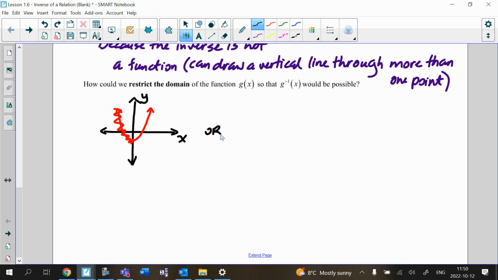There's more than one answer. Or I could cut out a whole bunch of stuff and just leave a little sliver left. There's infinite answers, but these are the two obvious ones.